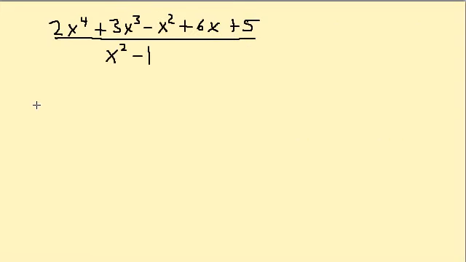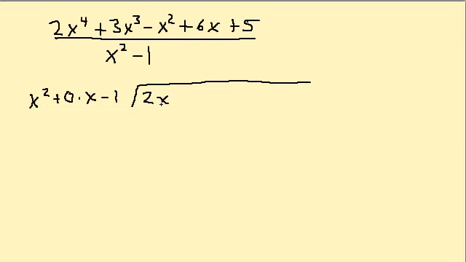So I have x squared plus 0 times x minus 1. And that's going to be divided into 2x to the 4th plus 3x cubed minus x squared plus 6x plus 5.